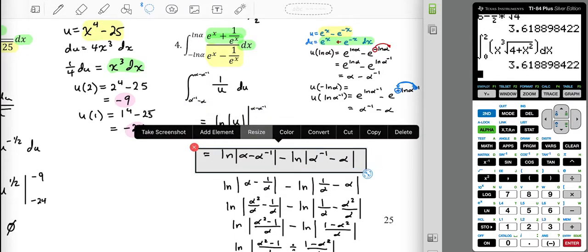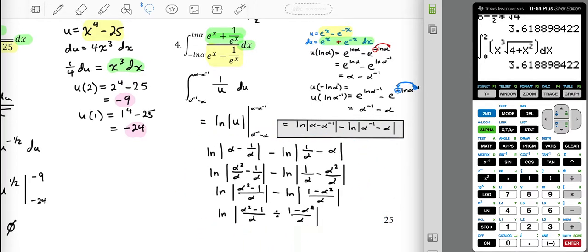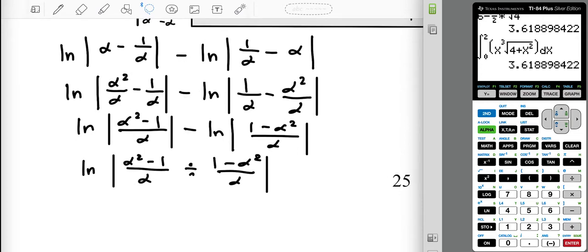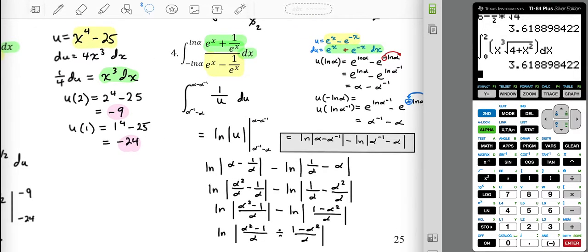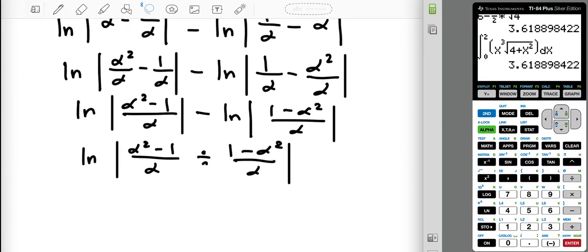But I don't know why I hit copy. I meant to hit resize. But sometimes when you see something written in general terms, you start thinking, oh, well, it must clean up, otherwise why give it to us, you know, like why select the natural log, well, actually it wasn't natural log. Oh, actually it was, apologies, negative natural log of alpha to positive natural log of alpha.